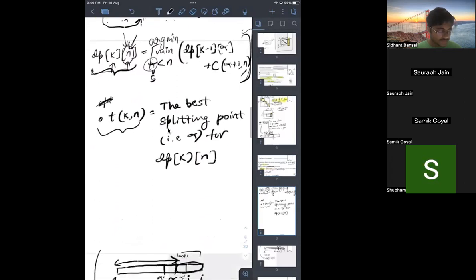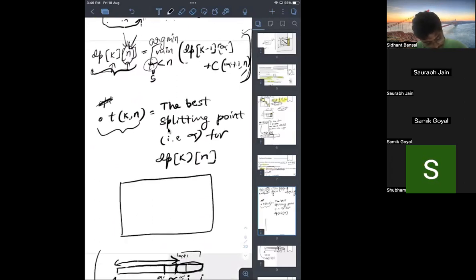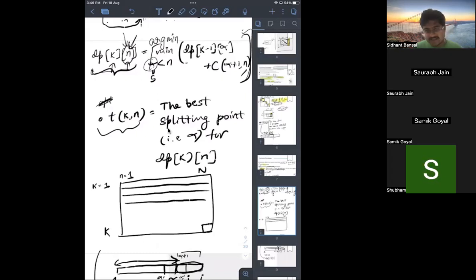So notice how your DP table will look. Your DP table will look something along these lines. Your K will go from 1 to capital K, and your N will go from 1 to capital N, and you'll be filling out values. And the last value is the value that you're interested in. That's what your final answer is.